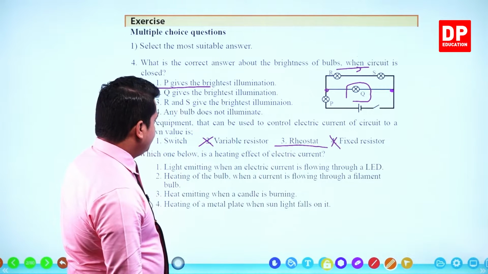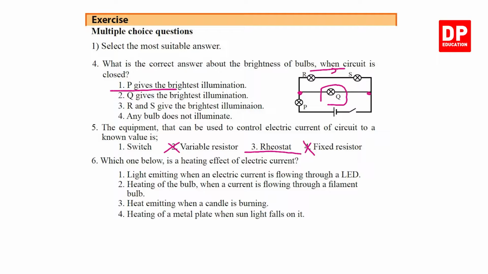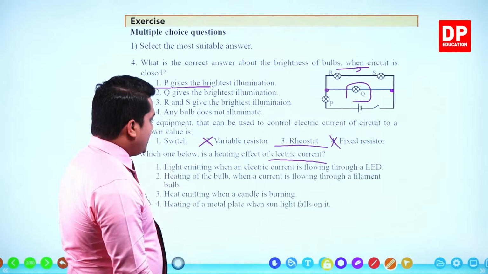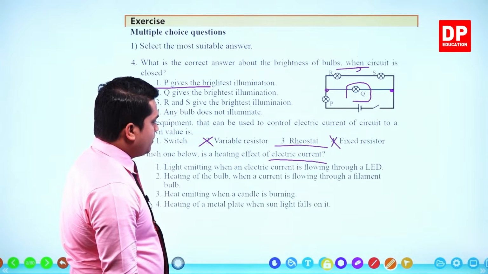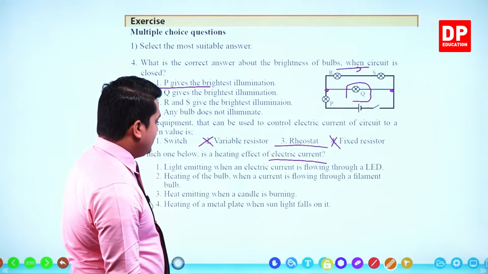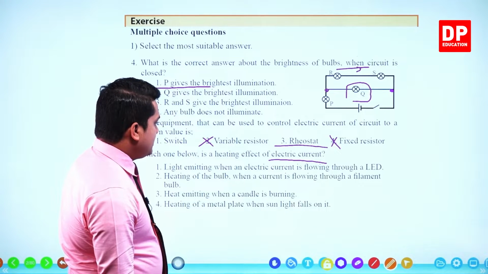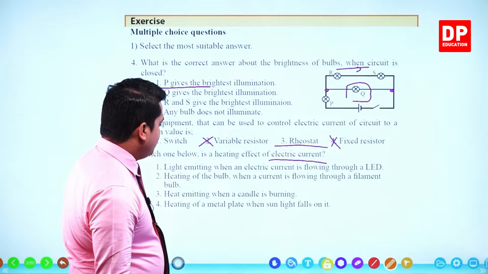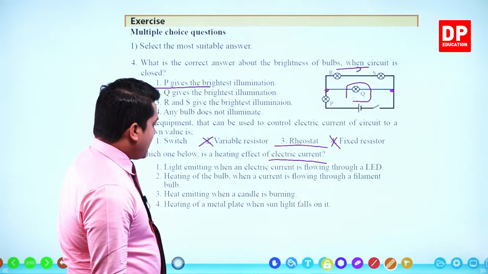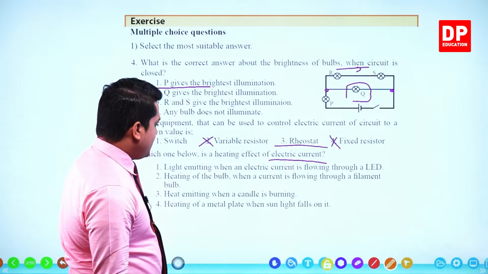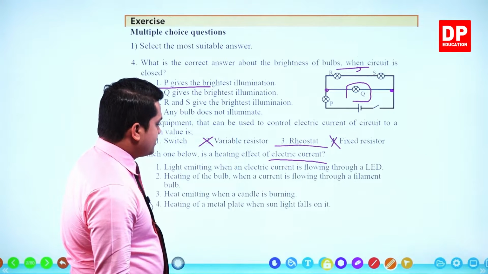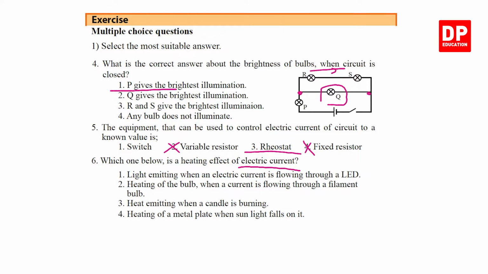Then the next one given, which one below is a heating effect of electric current? Light emitting when an electric current is flowing through an LED. Heating of a bulb when a current is flowing through a filament bulb. Heat emitting when a candle is burning. Heating of a metal plate when sunlight falls on it. So they are asking about the heating effect of electric current.